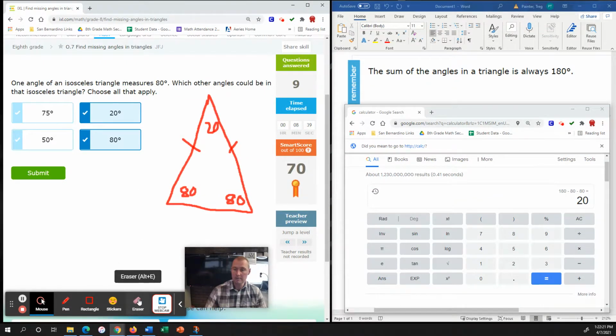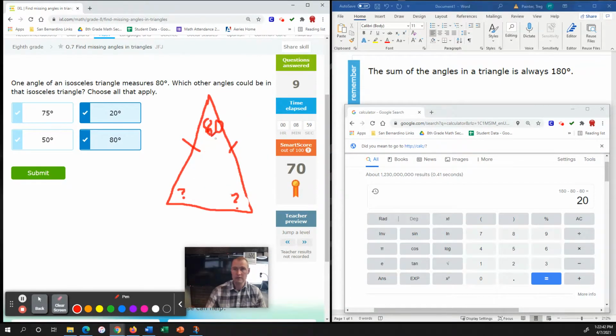Now, hypothetically, what if one of the 80s was the angle by itself? Instead of putting 80 on the two congruent sides, what happens if we shift it over to up here? Now you're trying to find the angles down here, because they're going to be different now.